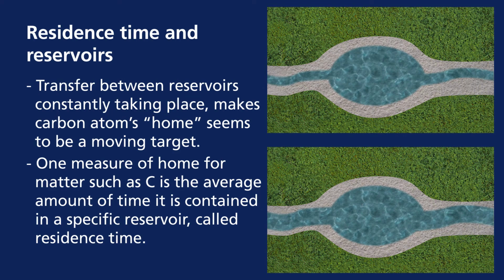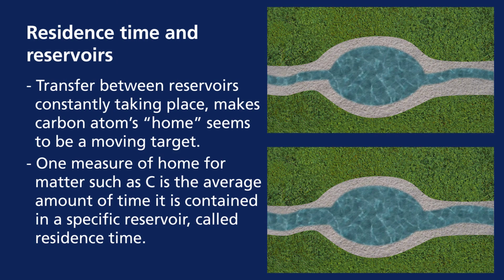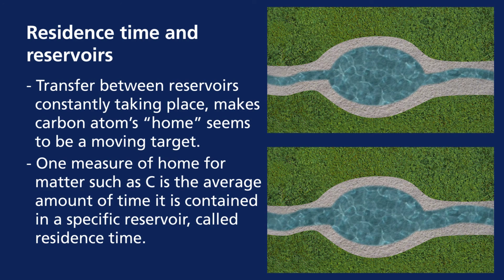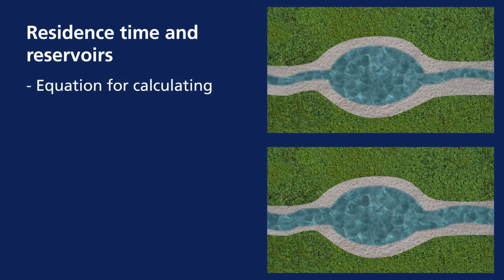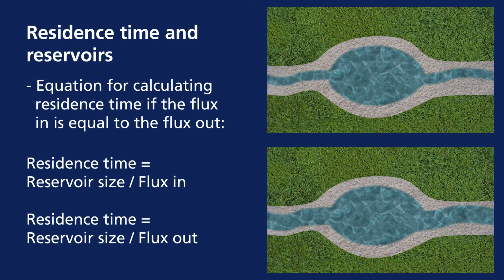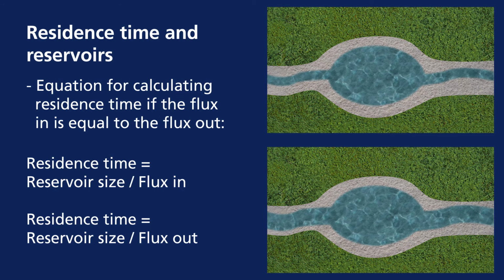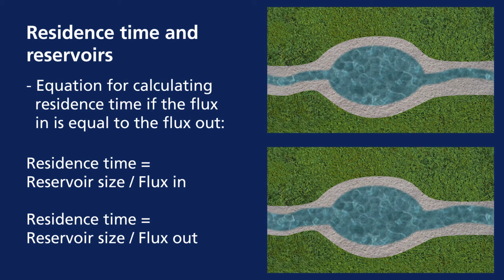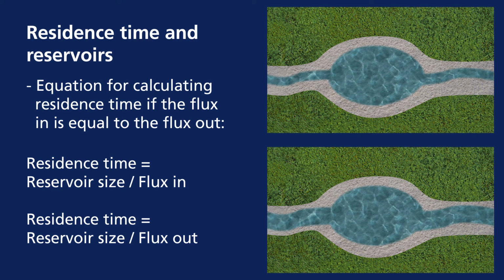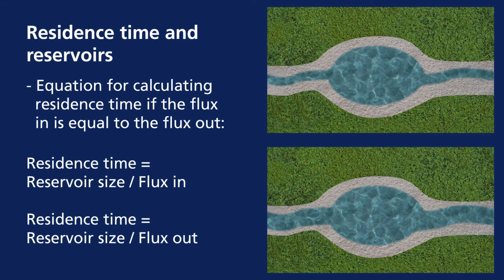One measure of how matter, such as carbon, is exchanged is through residence time. Residence time is defined as the size of the reservoir divided by the flux in at a steady state, which is to say the same as the reservoir size divided by the flux out at a steady state.